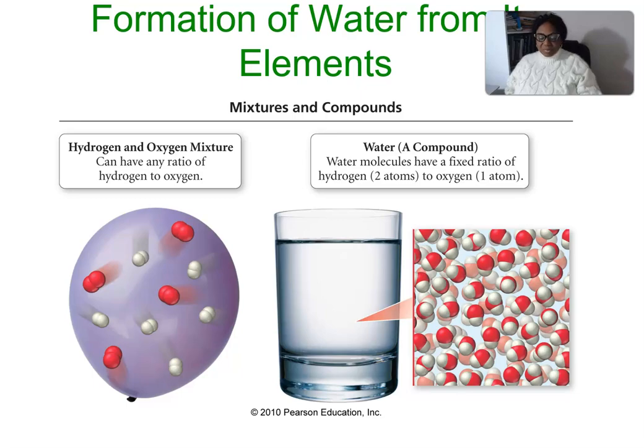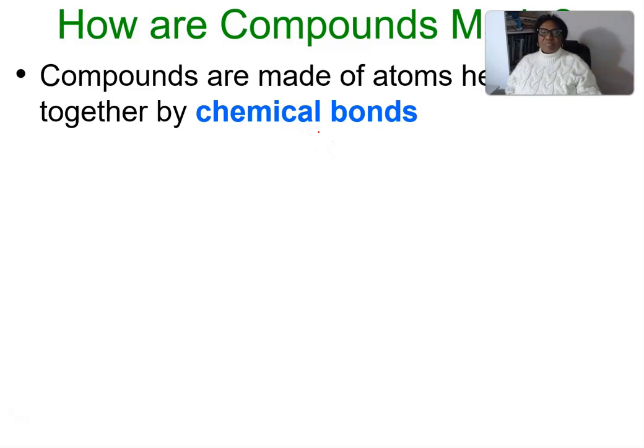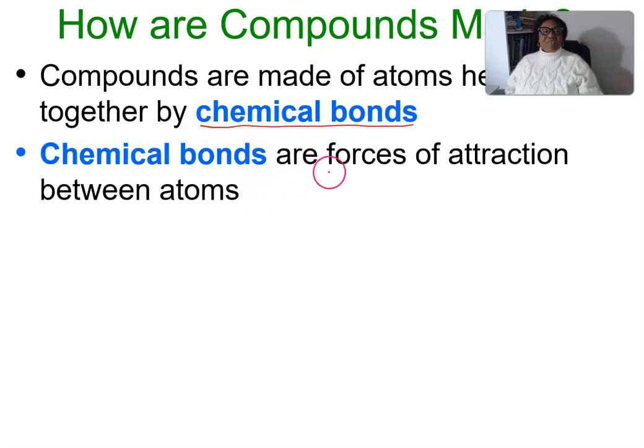So how are compounds made? Compounds are made by atoms being held together by a chemical bond. Chemical bonds are forces of attraction between atoms.